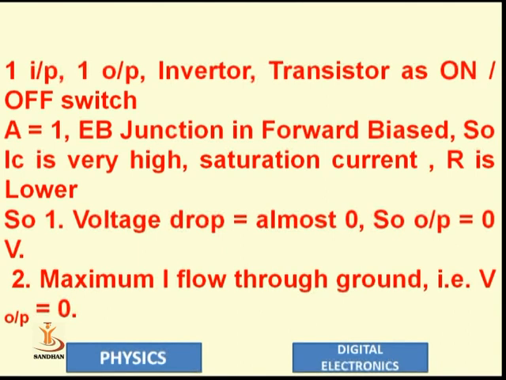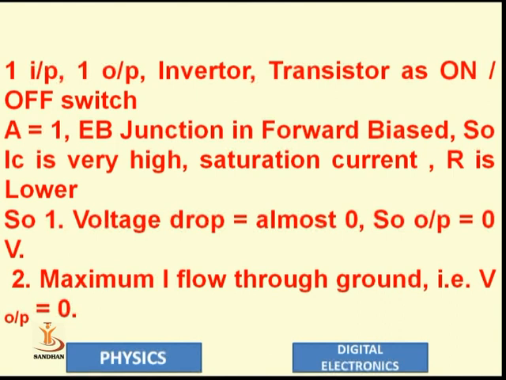If we give a high input at point A, we can say that the emitter-base junction in the transistor is forward biased.